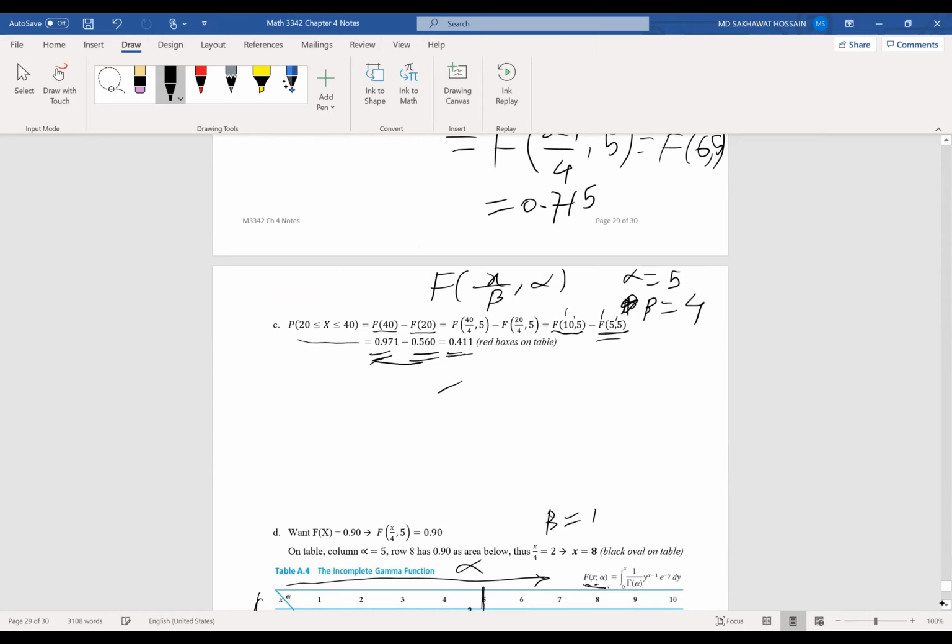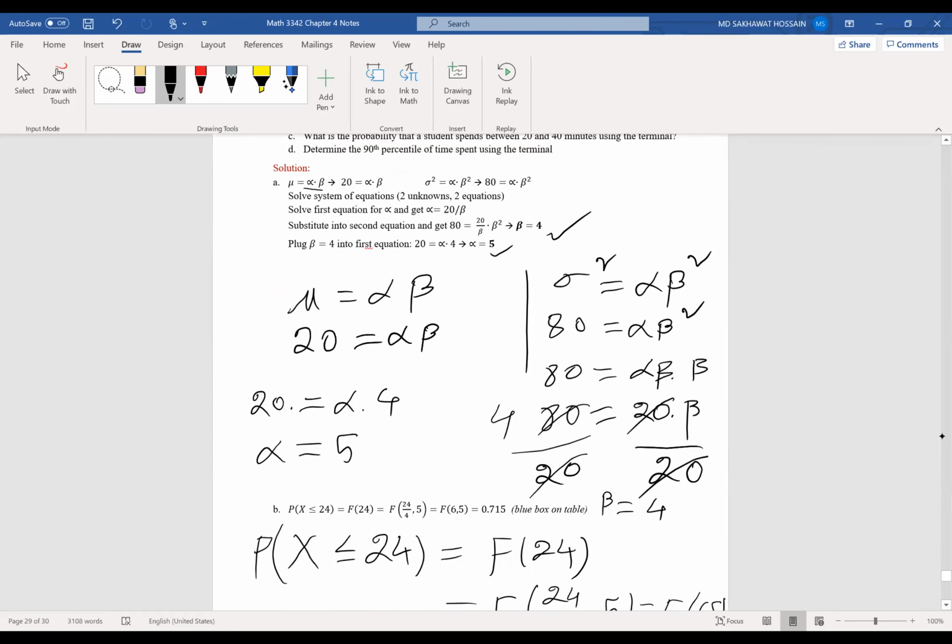In part D, you have to find the 90th percentile. Determine the 90th percentile of time spent using the terminal.